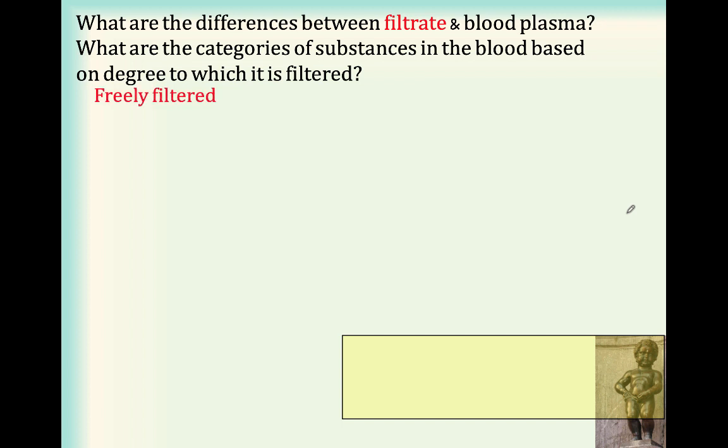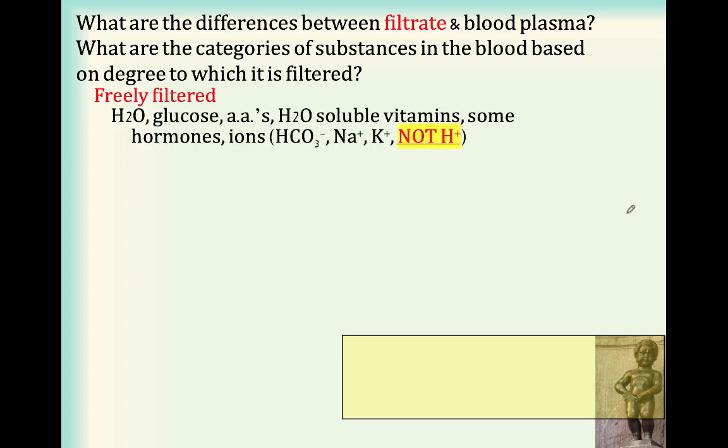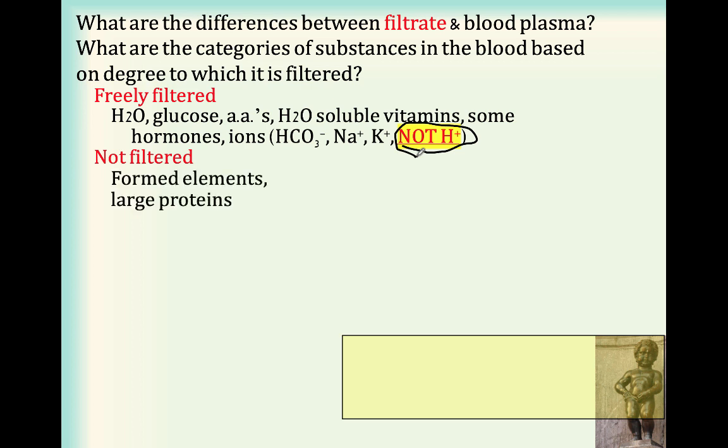Some stuff is freely filtered, not surprisingly water, glucose, and all those other things we talked about, including water-soluble vitamins, the B complex and C. When you take a vitamin supplement, you actually pee out a lot of the water-soluble vitamin. Some hormones, a bunch of ions, but not the protons, are not freely filtered. Then you have stuff that's not filtered, none of the formed elements: no red blood cells, no white blood cells, and no large proteins.